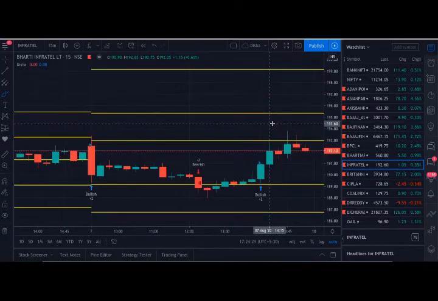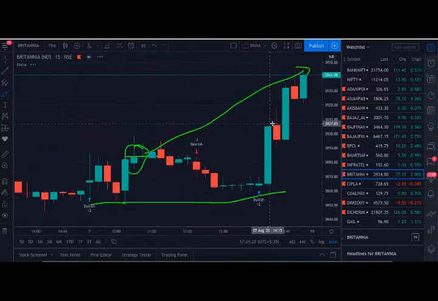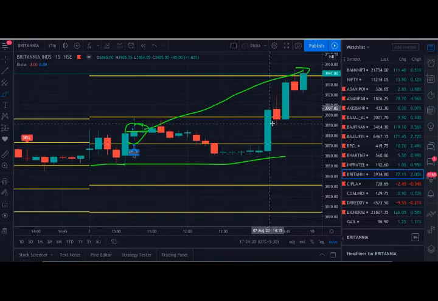Next, Infratel. Infratel has given nothing. Britannia, you can see here, again the same case. The breakout was given by the previous candle. Here, the candle itself touched the nearest resistance and closed below that.